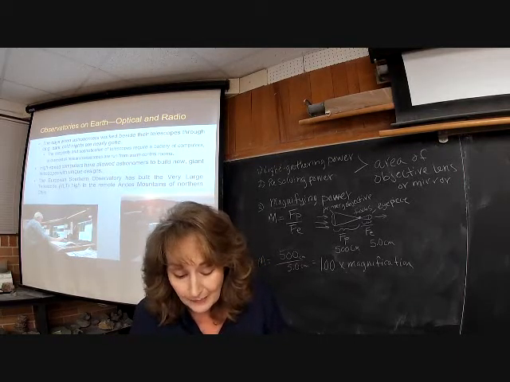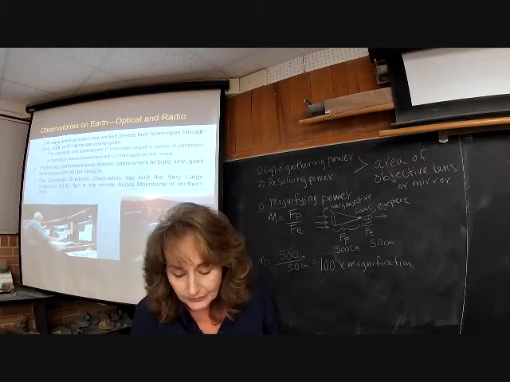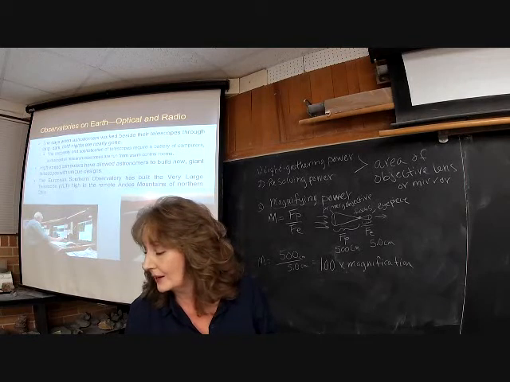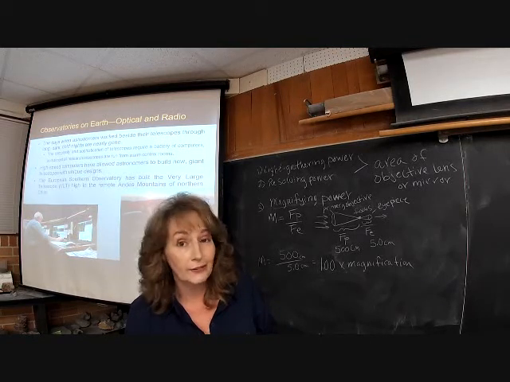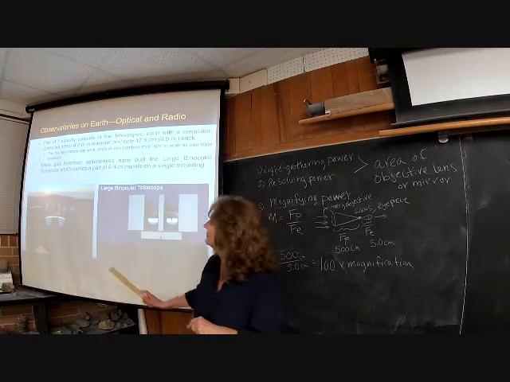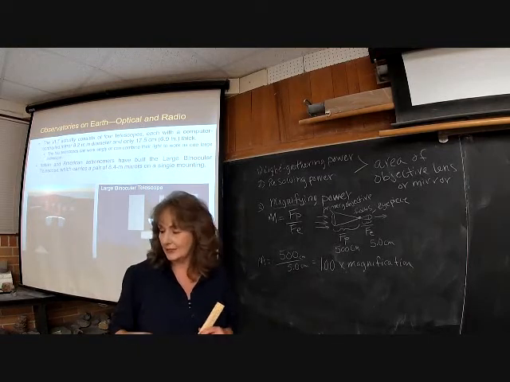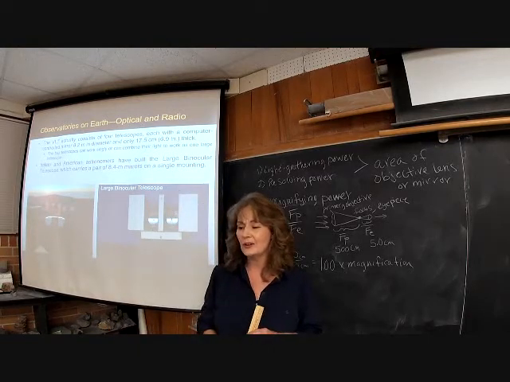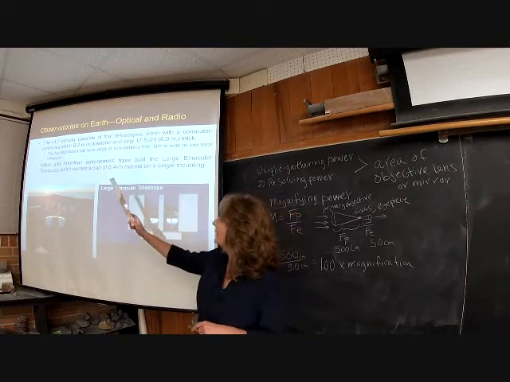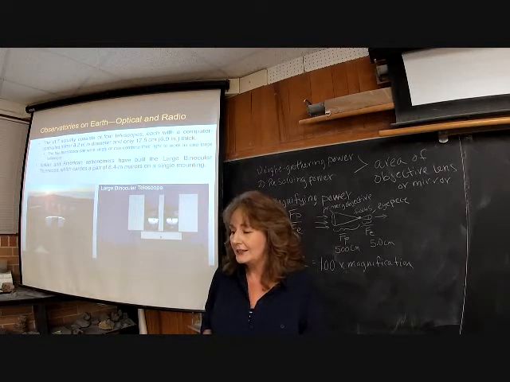It has 4 separate 8.2 meter optical mirrors that can function singly or combined as an interferometer. You can combine them or use them singly, but these are the reflecting variety, as you could imagine, because it's an 8.2 meter diameter. It's very large indeed.